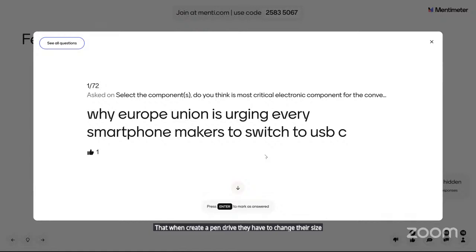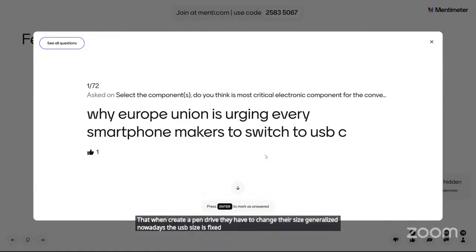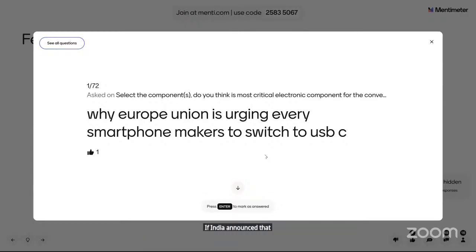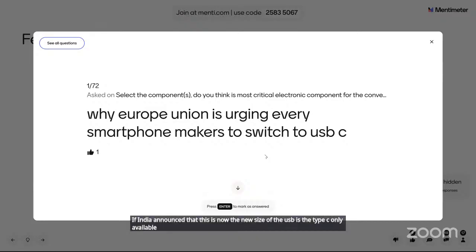Nowadays the USB size is generalized and fixed, so every pen drive manufactured has the same size and pattern. If India announced that the new USB size is Type C only, every company that creates USB would have to switch their port to Type C. So it depends on the company and the country.